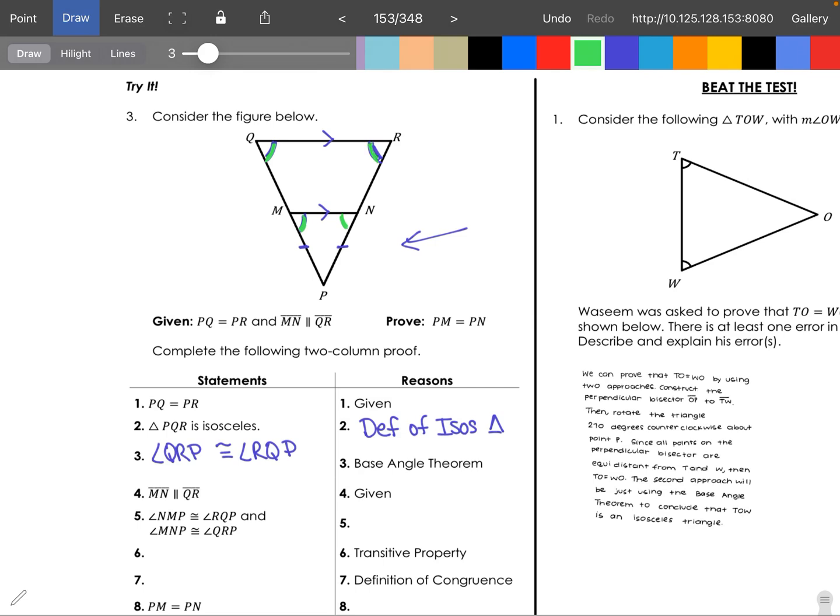Okay, so it says angle NMP. So again, this angle right here is congruent to RQP, this angle right here, and MNP, this angle right here, is congruent to QRP, that angle right there, okay? And the reason for that is that they are corresponding.